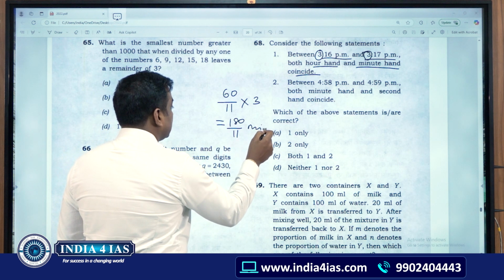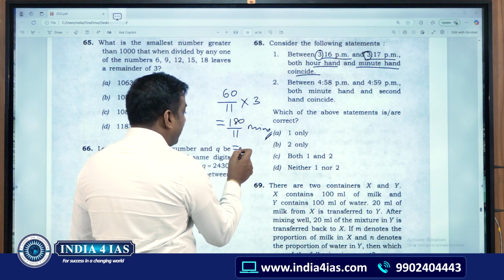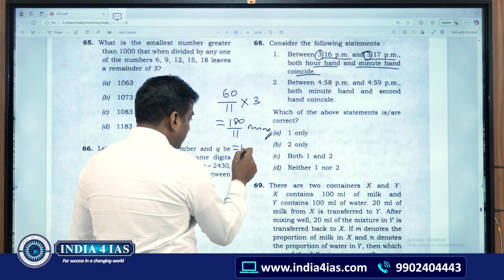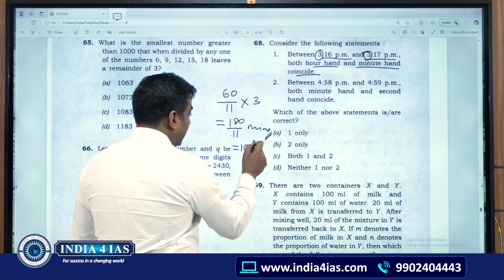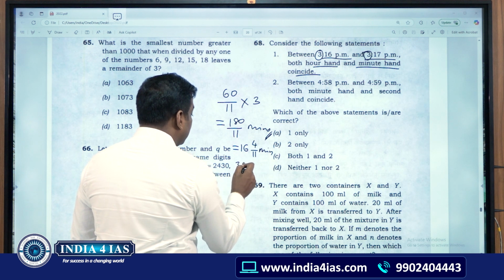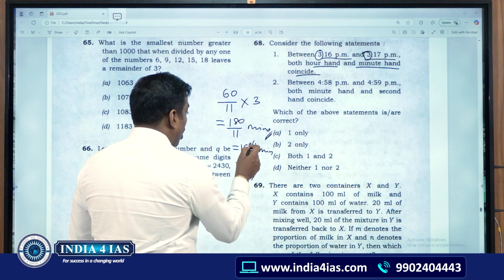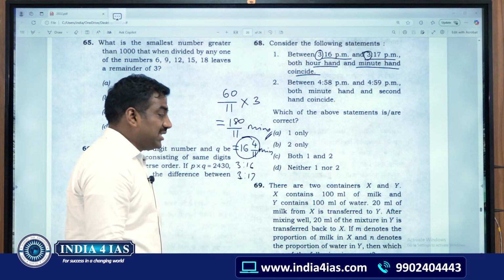This is the minutes. So at this minute, they will coincide. 180 by 11 is nothing but 16 integer 4 by 11 minutes. So somewhere after 3:16 and before 3:17, they will meet.